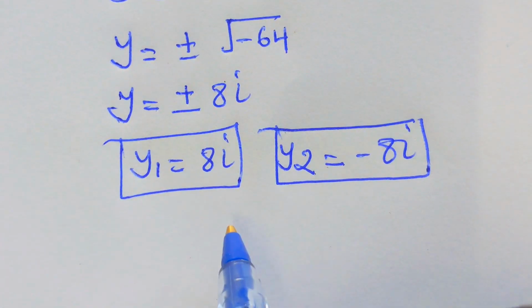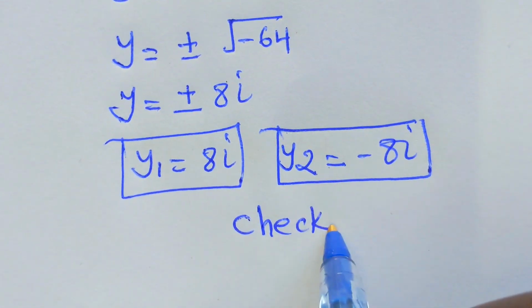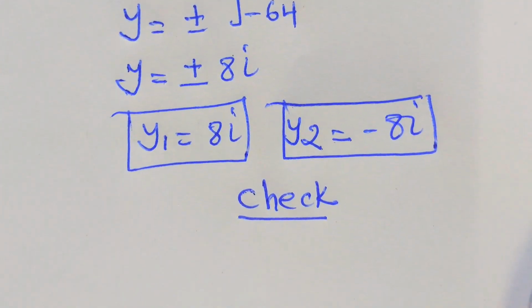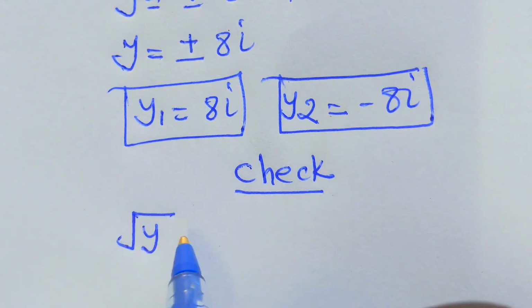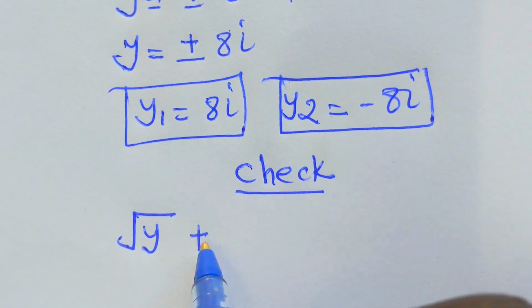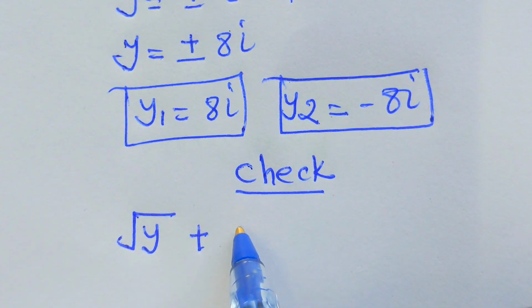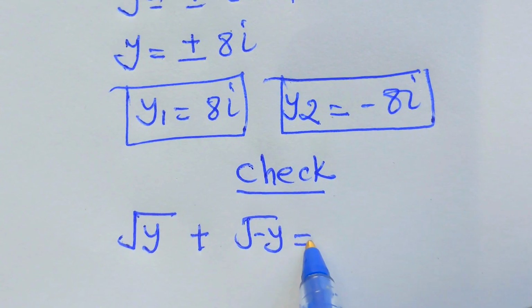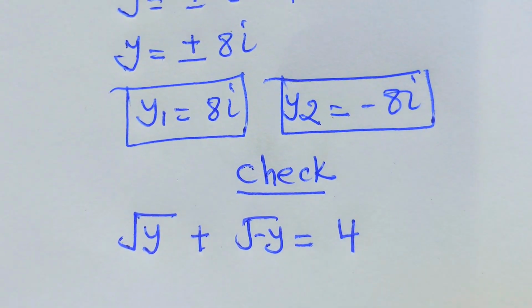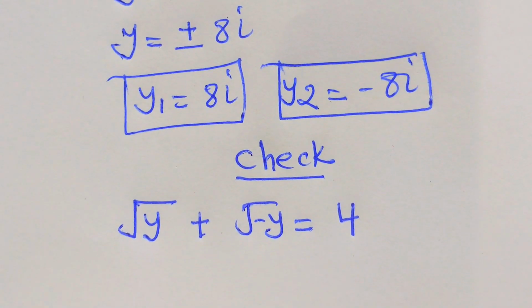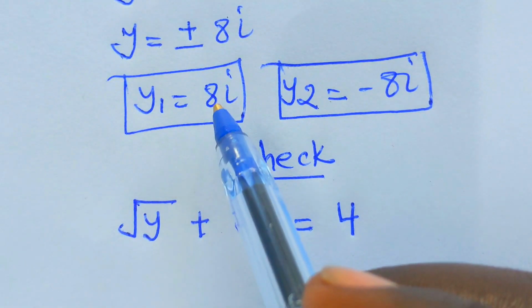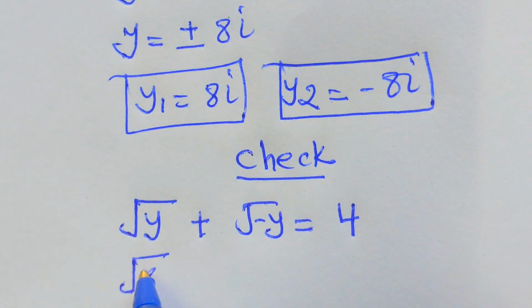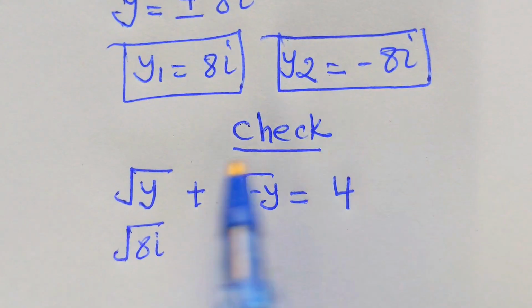And of course here you have to check if the answer is correct, and of course here we have to copy the question. You have square root of y, then plus square root of negative y equals 4, right? So by substituting this 8i, we get square root of 8i, right?